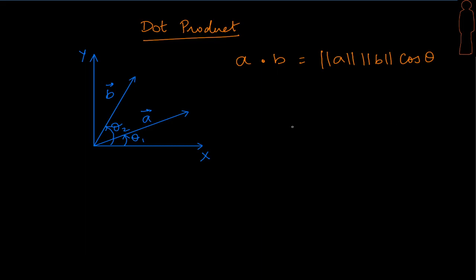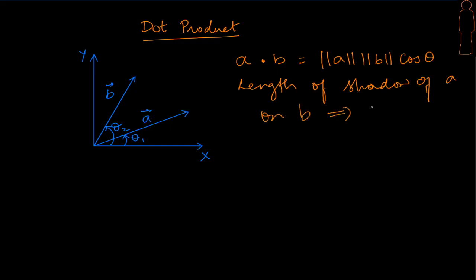Now, if you remember, this is the idea that prompted us to bring up dot product. We said, what is the length of the shadow of A on B? And we said that the length of the shadow will be magnitude of A times cos theta, but remember the theta is the angle between A and B.